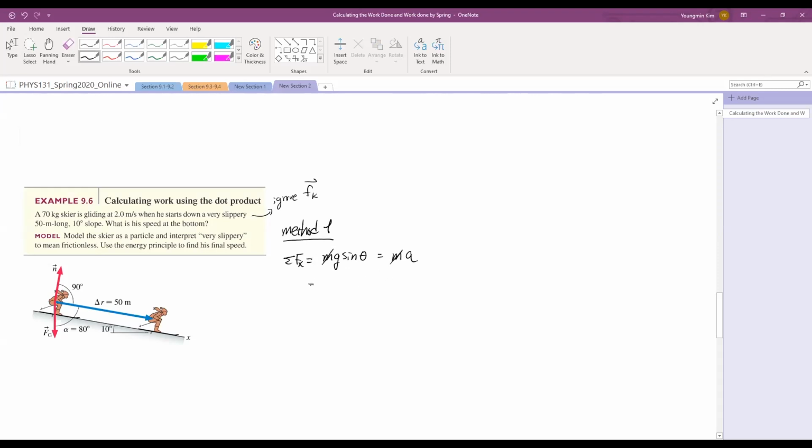So g sine 10 degrees will be the acceleration of this skier. And once you know the acceleration, then again using the kinematic equations, delta x, find the velocity, what we're trying to find out. The initial was 2.0 squared plus 2a times delta x, you put that number here, and we're given that the length is 50 meters.